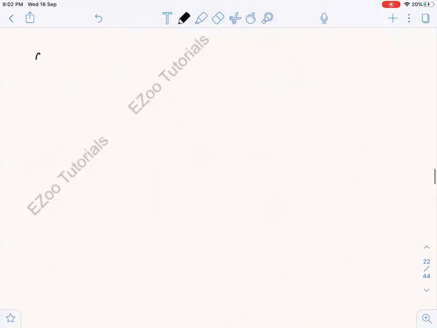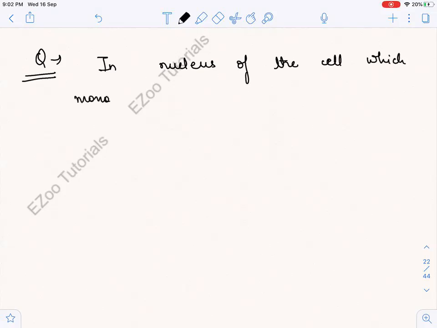Now, if a question comes, in the nucleus of the cell, which monosaccharide, or the question can say carbohydrate, is most abundantly present.